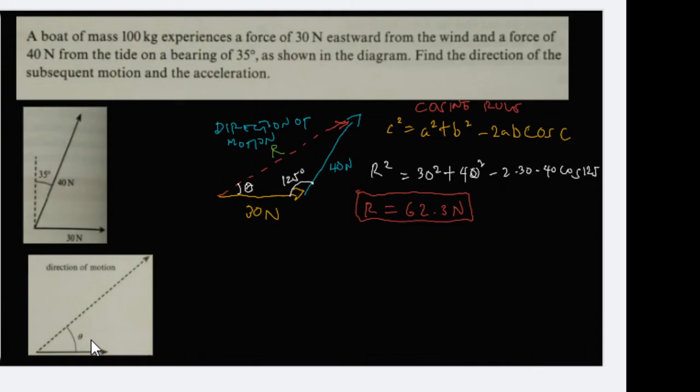Most likely, the one that is always expressed in one decimal place is the angle. Angle is always in one decimal place, or if not, it will be in the nearest whole number. Now, we already have your resultant.